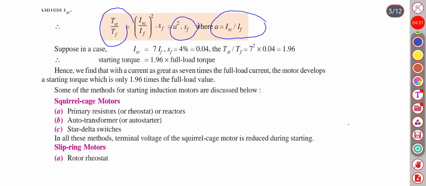Suppose I starting is 7 times the full load current and slip is 4%, then the starting torque will become 1.96 of the full load torque.